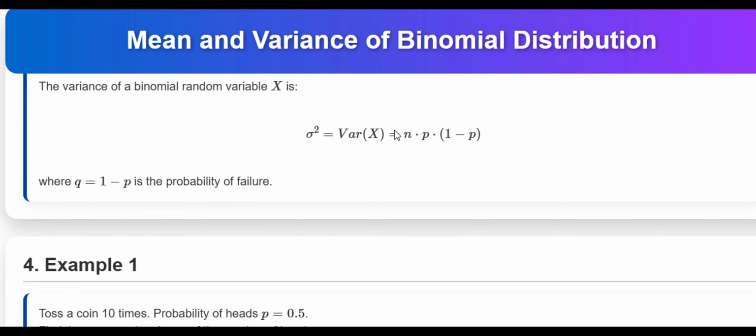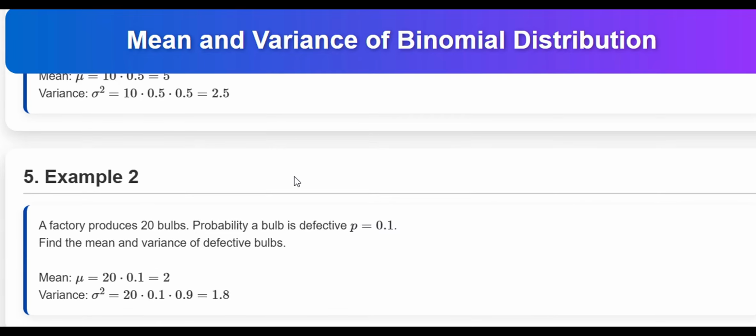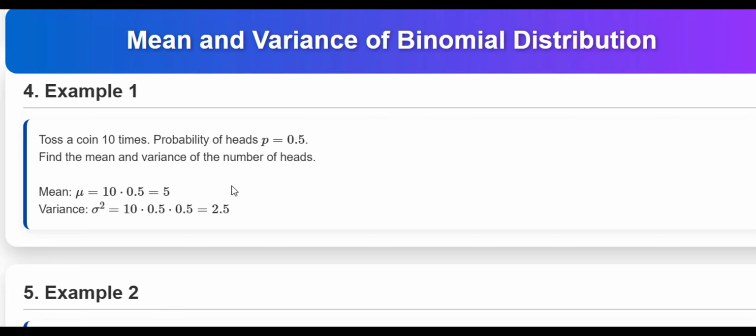Since this one doesn't have a lot of issues, let's try some examples. For example, you are told to toss a coin 10 times, and the probability of getting a head is 0.5. That is, of course, the probability of success. Then you are asked to find the mean and the variance of the number of heads.